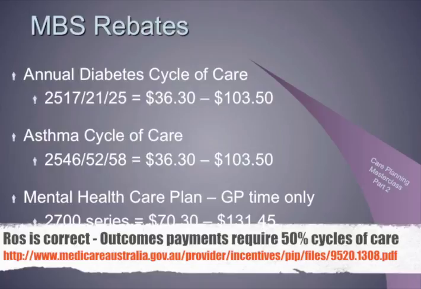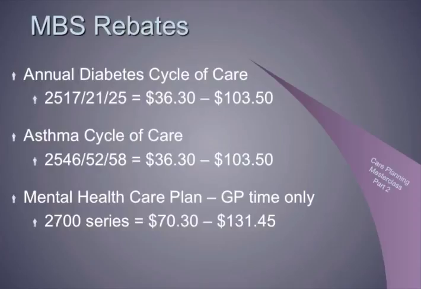Remembering that the way your number is worked out is by the HbA1cs done in the practice. So if your GPs have been using the HbA1c as a diagnostic tool and you have some people who haven't indeed got diabetes, they will reduce the percentage of patients that you have billed. But to the best of my knowledge, it's at 50%.